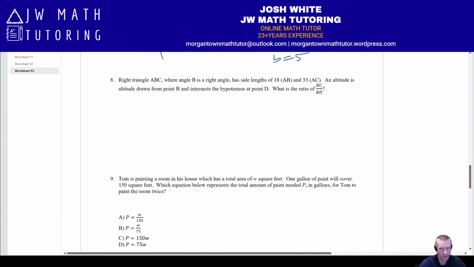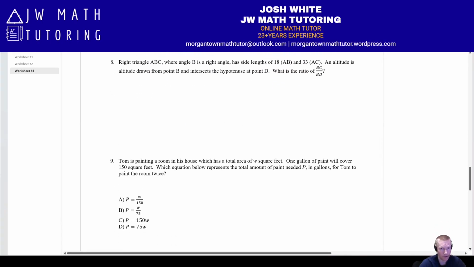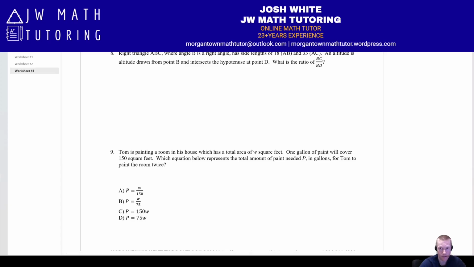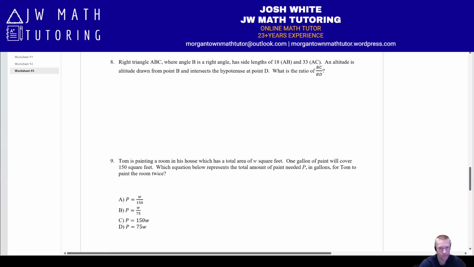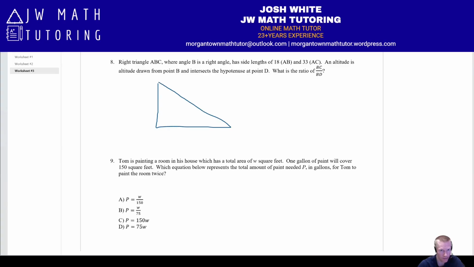All right, next up, let's look at question number 8. All right, so this one, a person had provided a nice diagram, nice picture for this one. And I'm not sure exactly what was given because there were only 2 sides labeled in it, so this might be a little off from the way that the question was provided or worded, but you have something like this, where you have a right triangle, okay, ABC, B is the right angle.